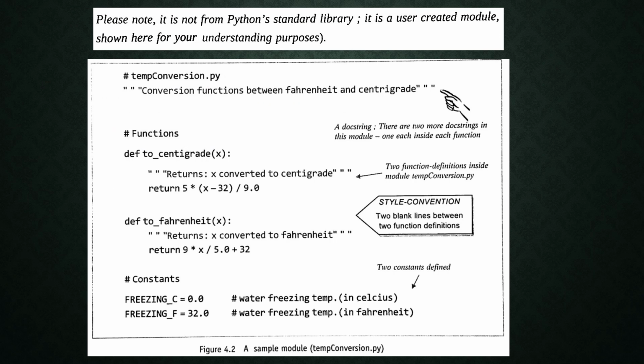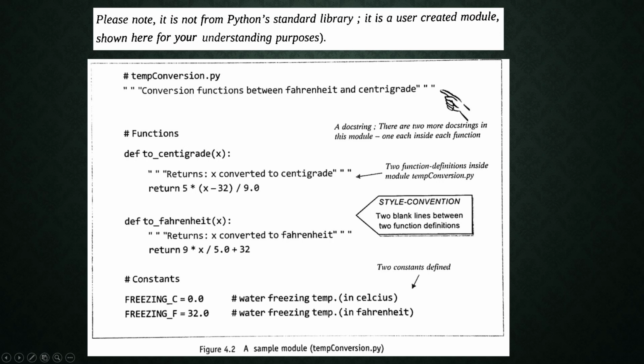The hash comment is already specified here. The next line is def to_centigrade, which is a function name. See, underscore is allowed here in an identifier.